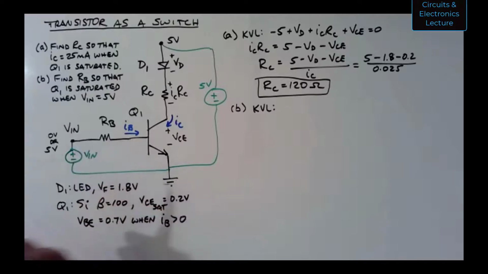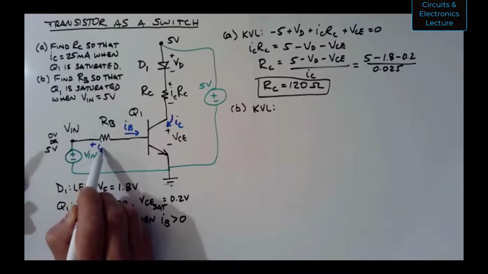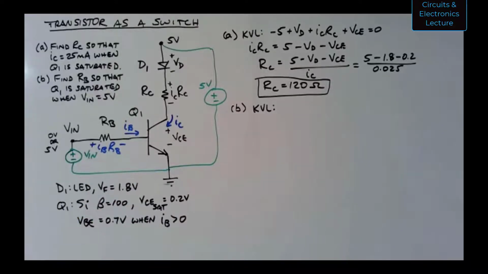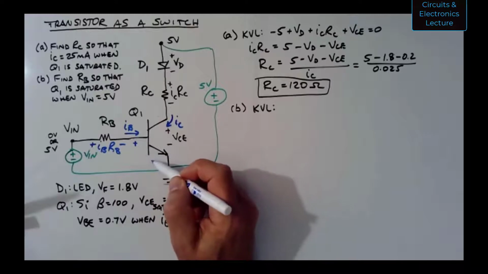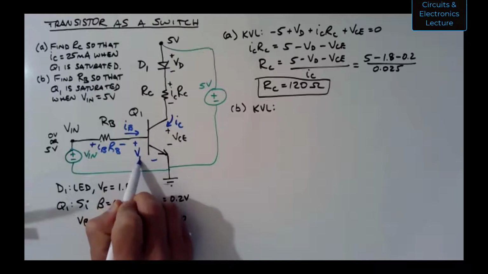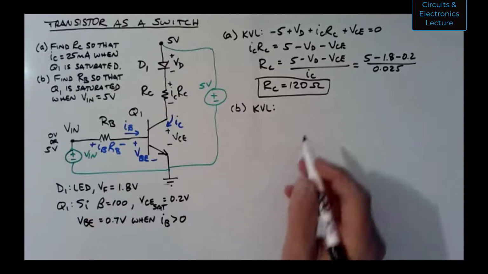I don't know RB, but I do know that this voltage here is going to be IB RB, with IB going into the left of that resistor. I know that I have a voltage here when current is flowing, when IB is a positive value. This is going to be VBE, and we know that value when current is flowing. So I think I have everything I need to solve for RB.